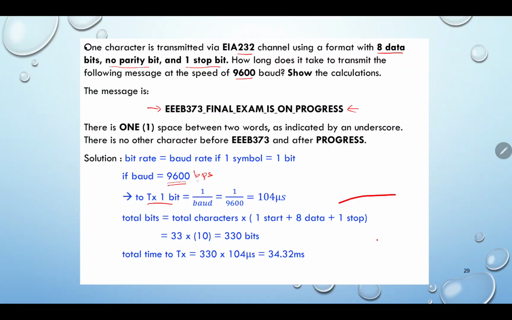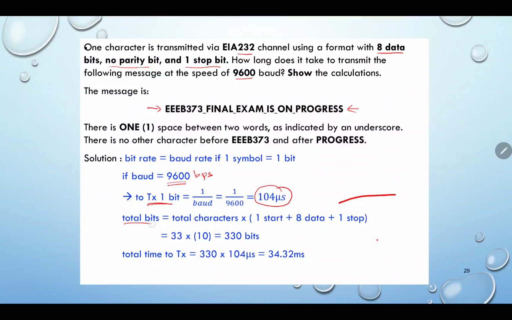That's why BPS, bits per second. So now we want to find out how long does it take to transmit one bit. So simple maths is 1 over 9600. So you can see that in order for you to transmit one bit, it takes 104 microseconds.